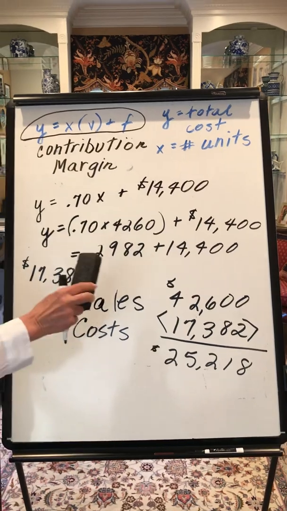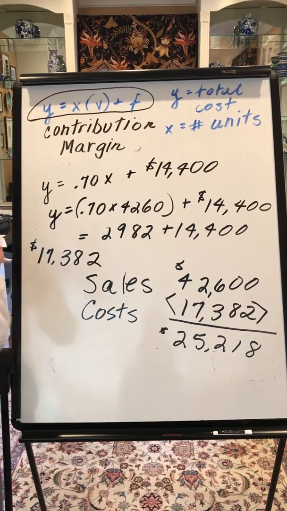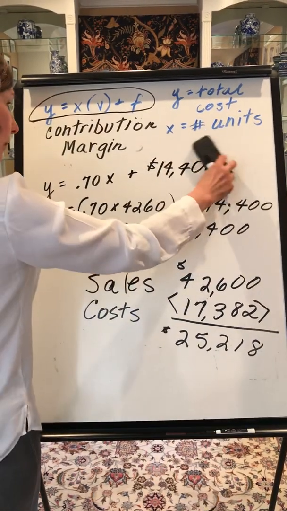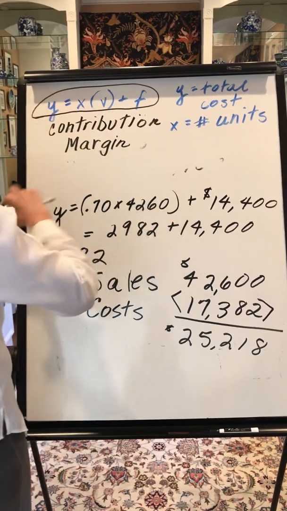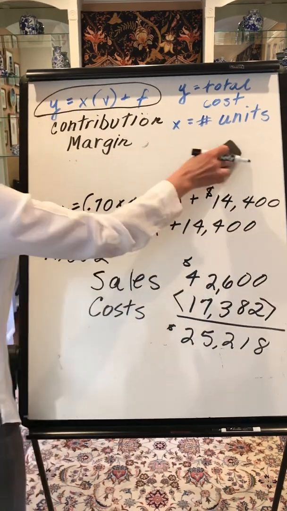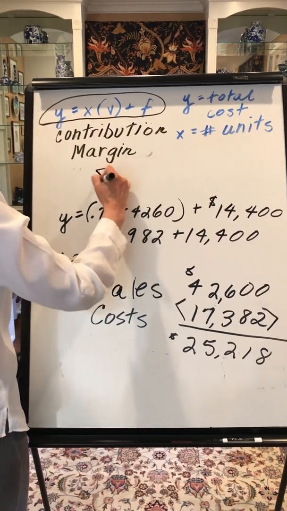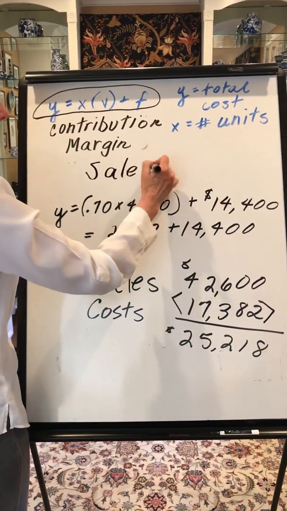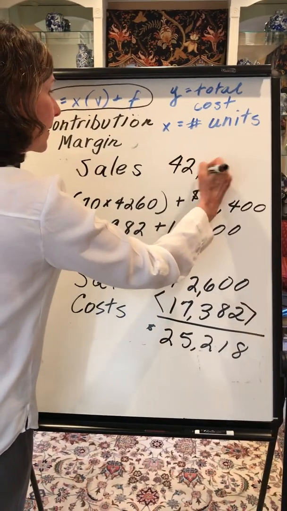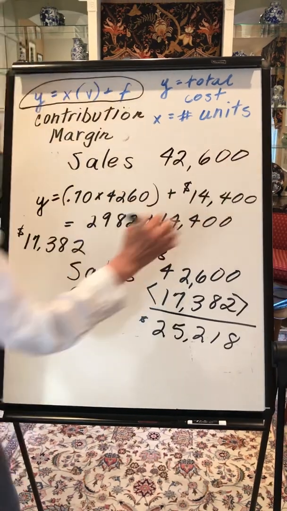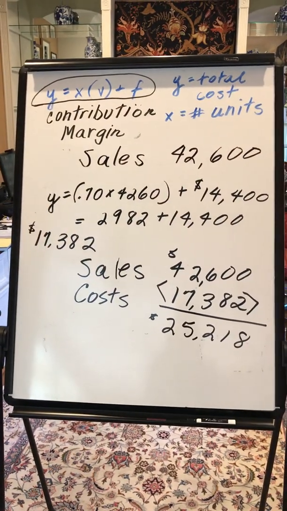So if we're doing the contribution margin, we'll still have the same sales number. And by the way, the net income will be the same. Sales will still be $42,600. But now we're going to break out the variable costs.